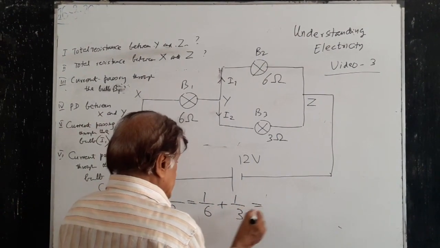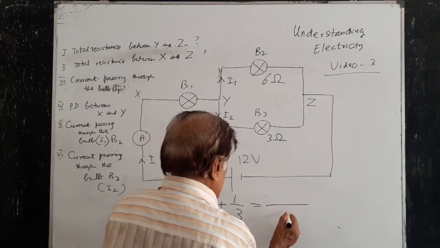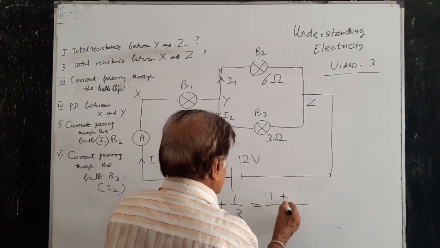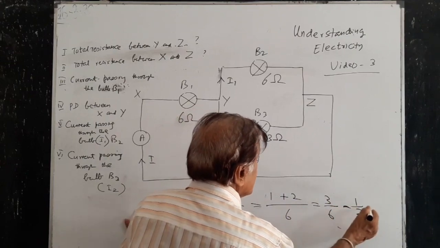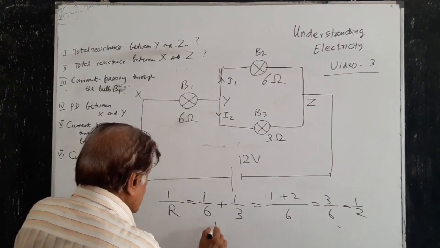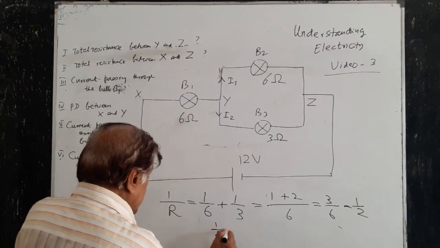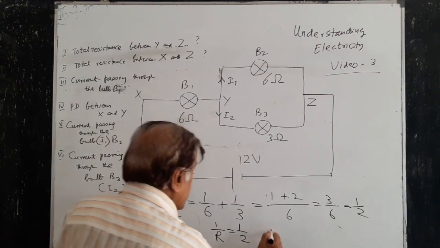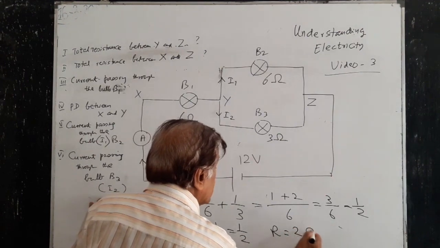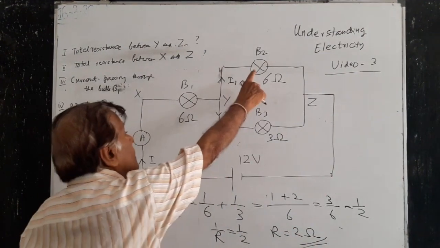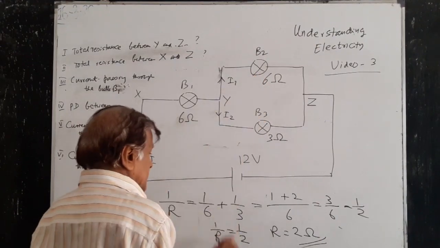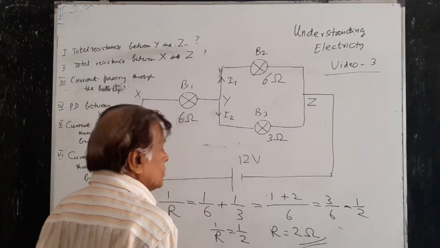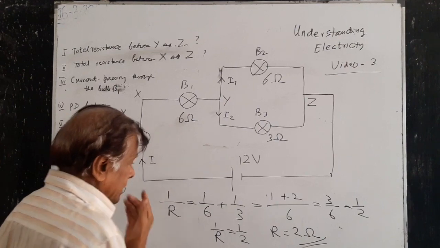Let us simplify this and see. 1 upon R is equal to 1 upon 2. Therefore, R is equal to 2. Total resistance of these two bulbs is 2 ohms. Is it clear?